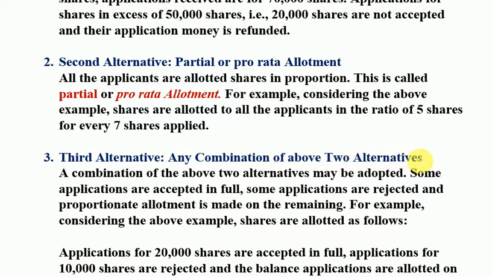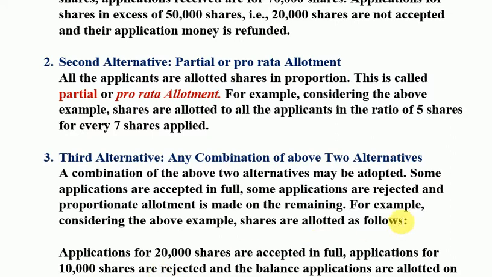To understand these three alternatives, I will explain with the same question which we took in the beginning in the previous video, where ABC Limited issued 10,000 equity shares of rupees 100 each. In that question I will make one change, and that change is that the applications were received for 20,000 shares, whereas the issue was for 10,000 shares.